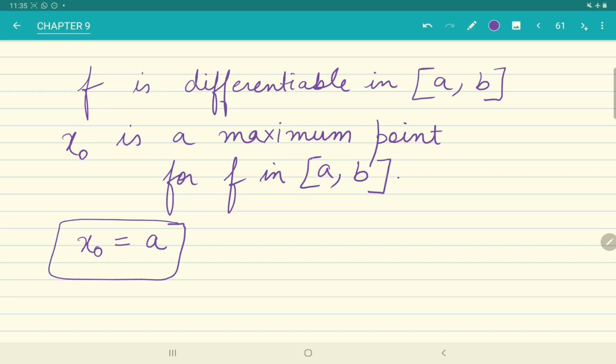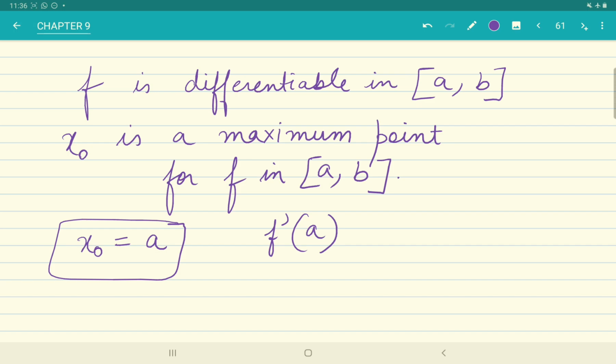Let's say this is the case. Then if I think of f prime a, f prime a in this case just cannot be positive, because there will be points to the right of a where that function f has a higher value than at a.